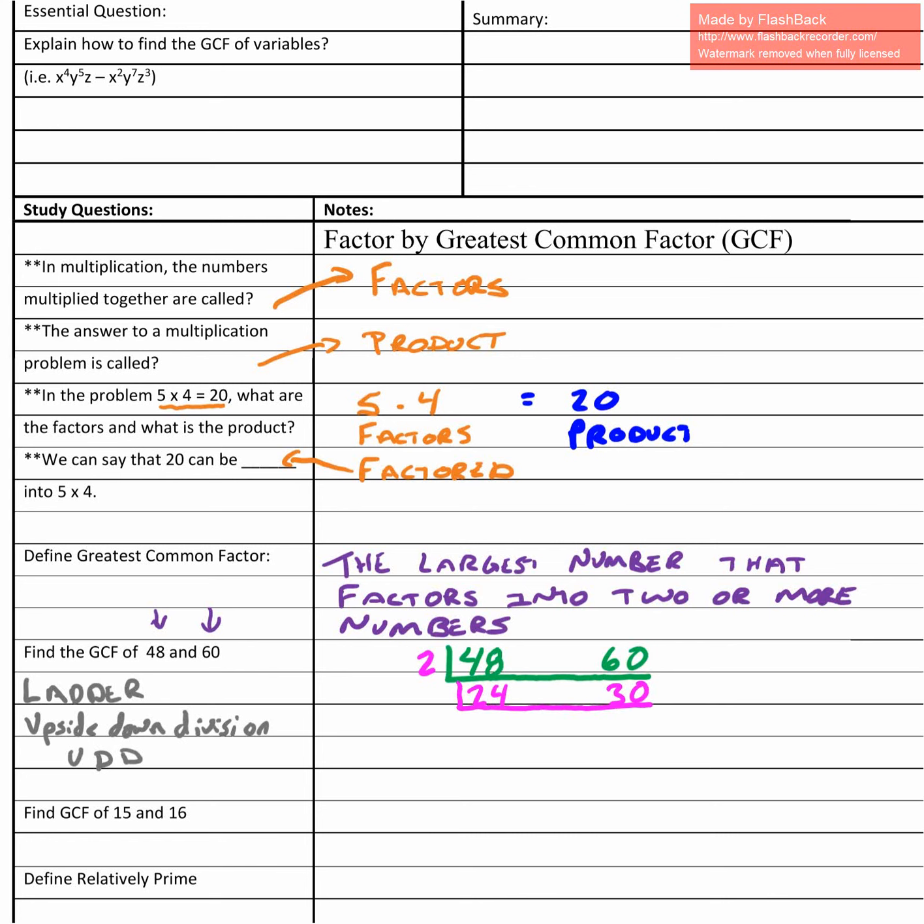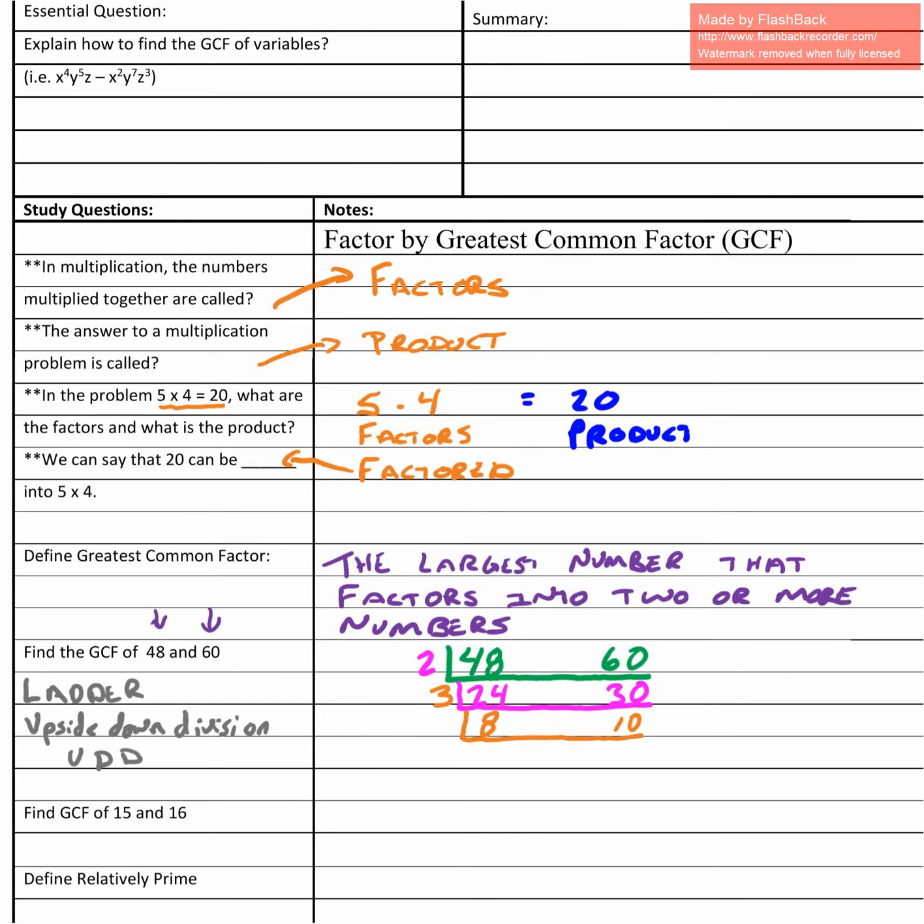Now we can keep going. They're both even, but I'm pretty sure some of you can see that the number 3 will go into both of them as well. So I'm going to take out a 3. 24 divided by 3 gives us 8, and 30 divided by 3 gives us 10.